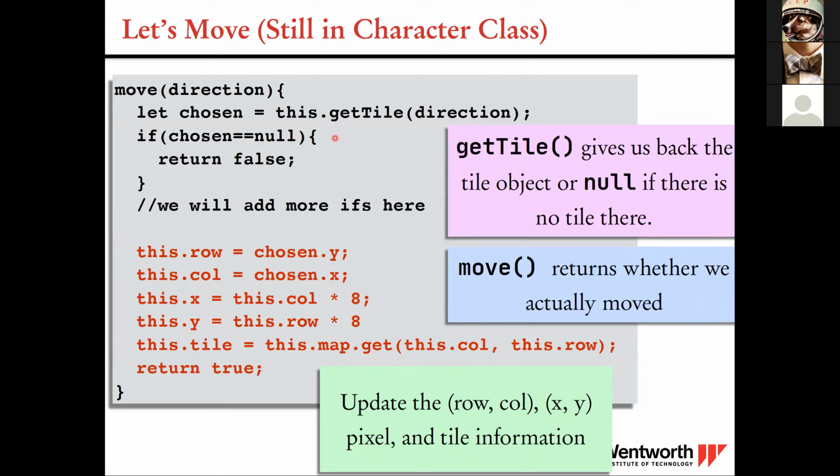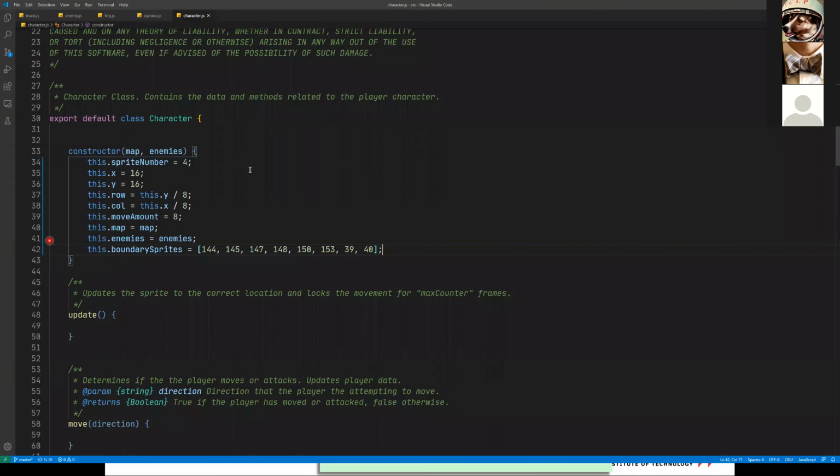So the character is going to know row, column, X and Y pixel position, and the actual tile they are on top of. We'll add a little bit of updating stuff in addition to a little check to make sure we actually have a valid tile. And then after this, we can go to main, add a few things, and we'll be able to move a character around.